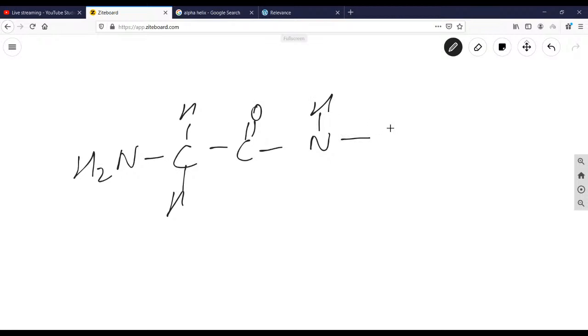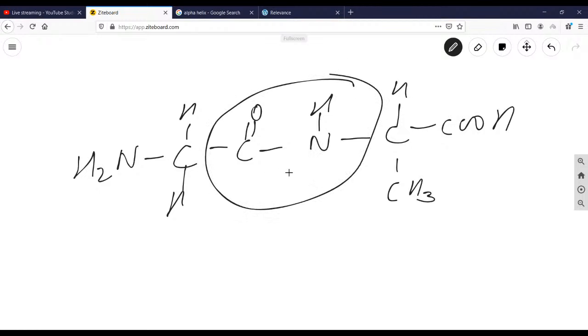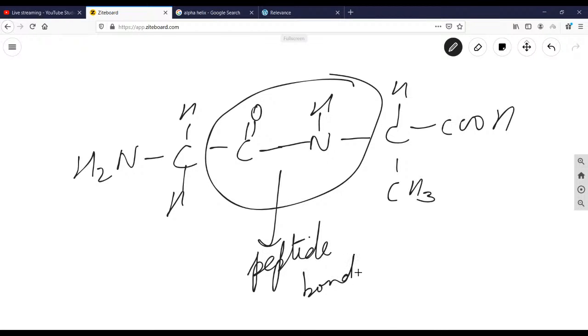This is the peptide bond, which I told you is partially double bonded, because its bond order is greater than that of a single bond but less than that of a double bond. So it is somewhere between double and single, so it has a partial double bond character.